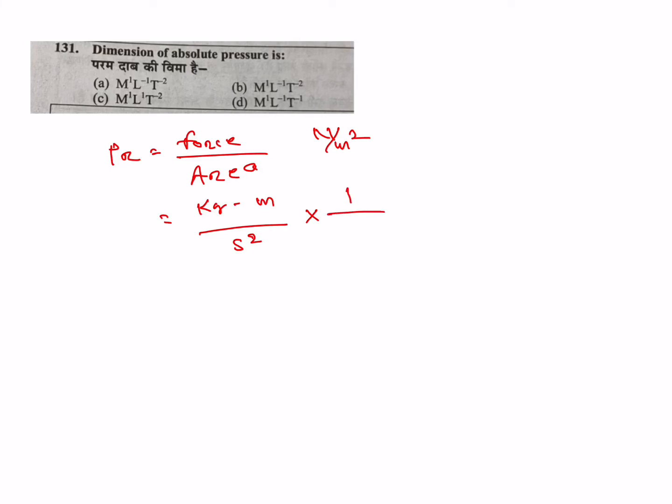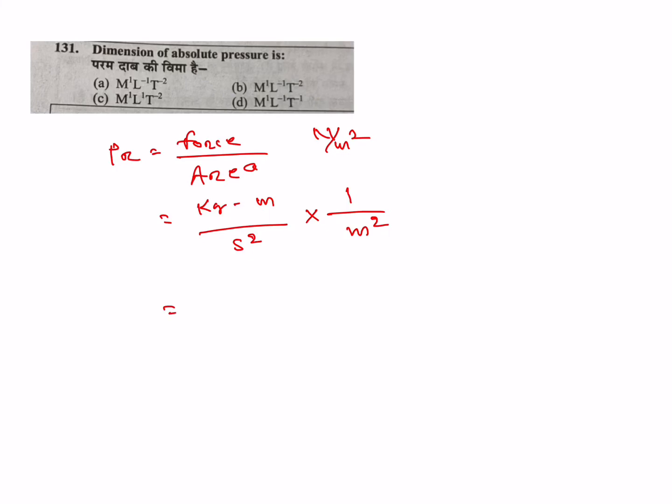Next question, dimension of absolute pressure is how much? So pressure equal to force per area, Newton per meter square, kg into meter per second square into area is how much?